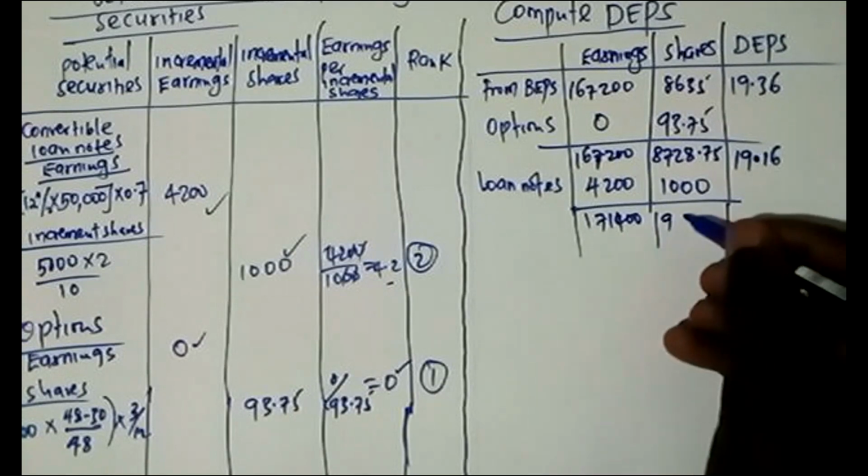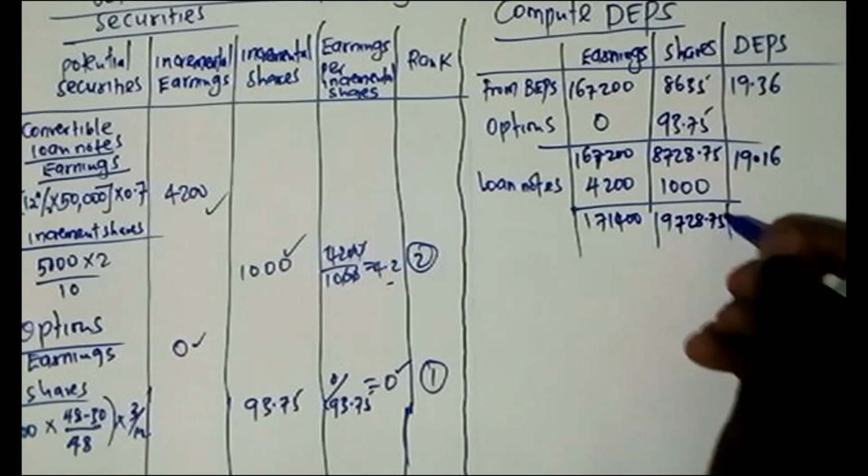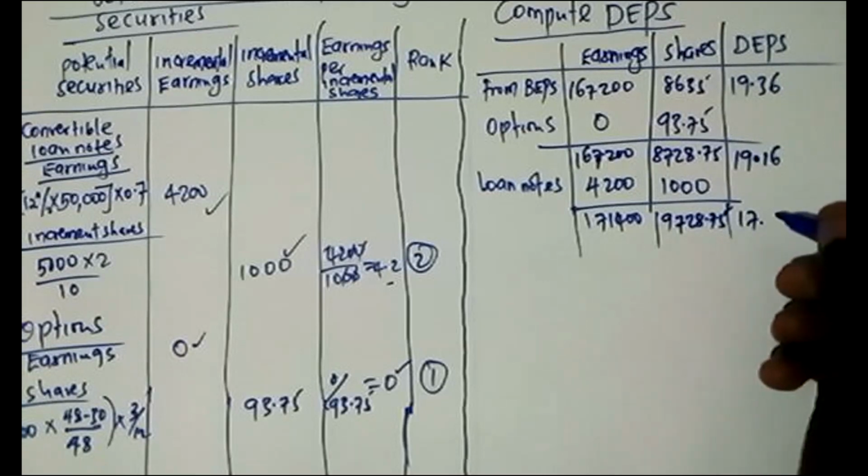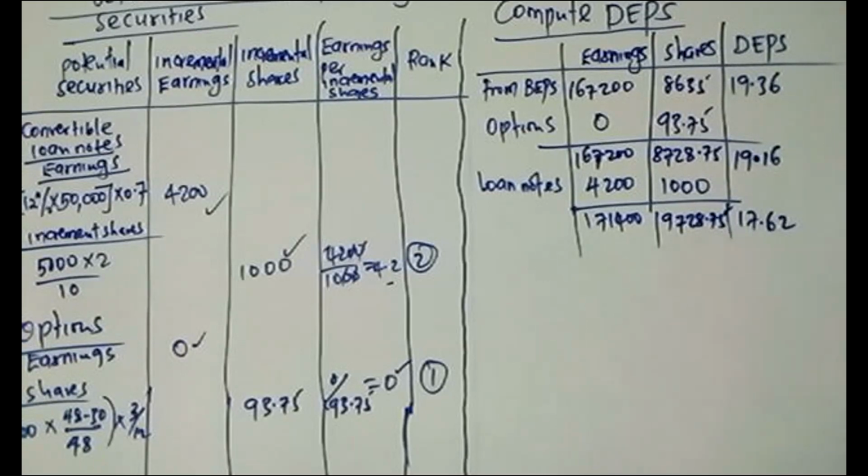Then I divide it by 97.28.75. So that is 17.62. So that is fine.